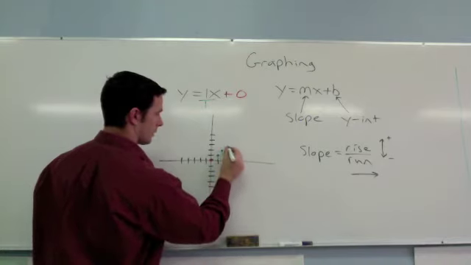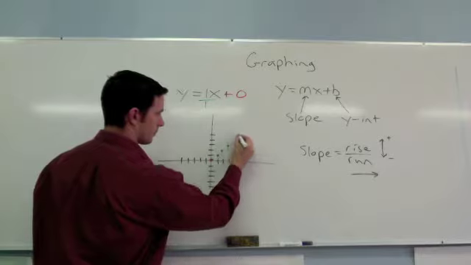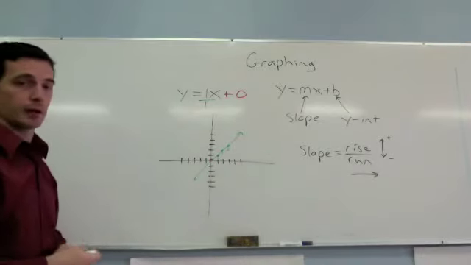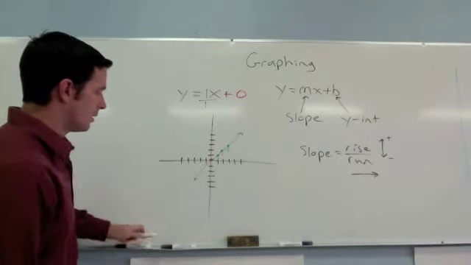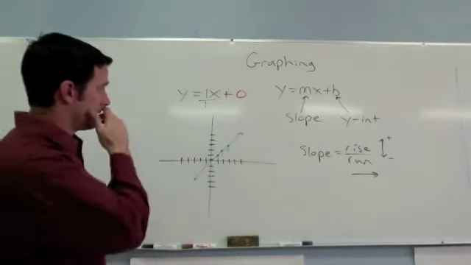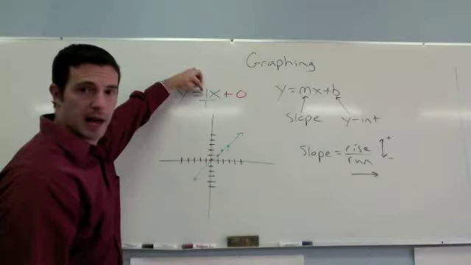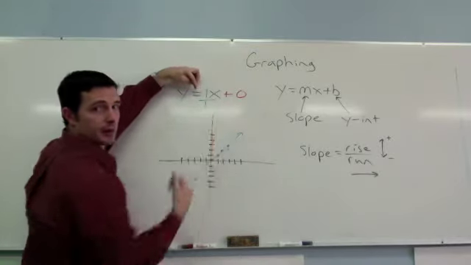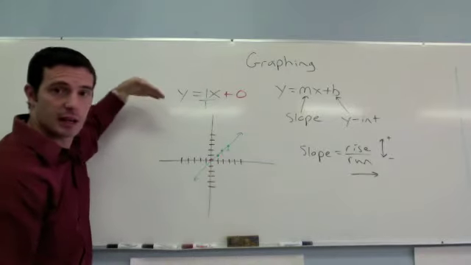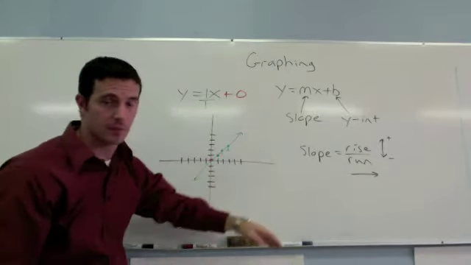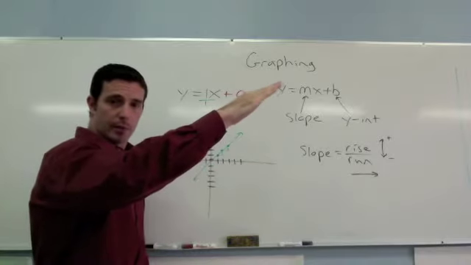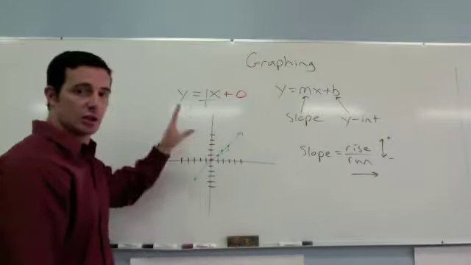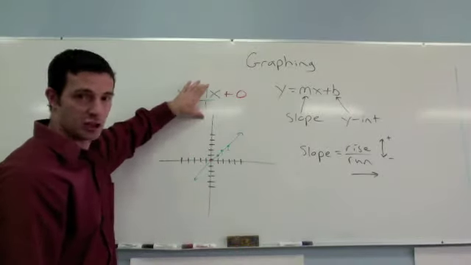Over 1, up 1. There you go. Now, one thing you want to check: whenever your slope is positive, the line has to be going up like this. If the slope is negative, then the line should go down like this. So positive slope will always go up. Negative slope will always go down. That's something you can check just to make sure that your slope matches your graph.